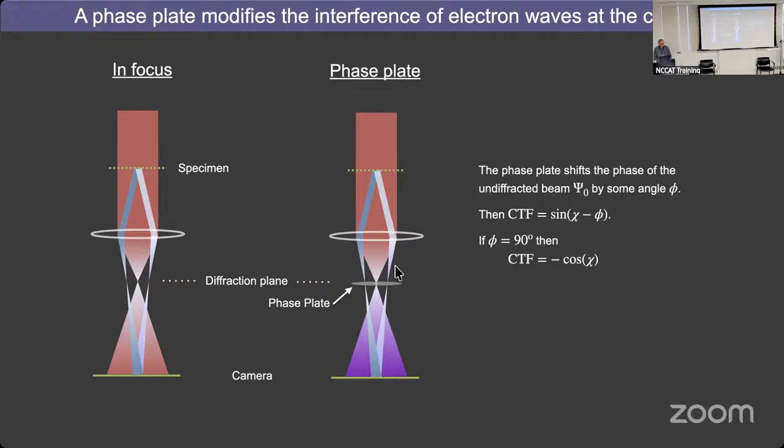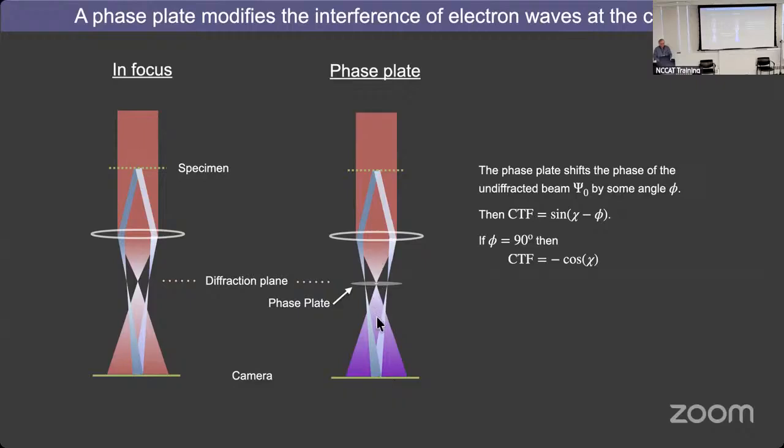And the diffracted waves get focused down to points, but those points are displaced from the center. So if we then put an object here in the center that changes the phase just of the electrons passing through that little area, we can do tricks to make contrast.